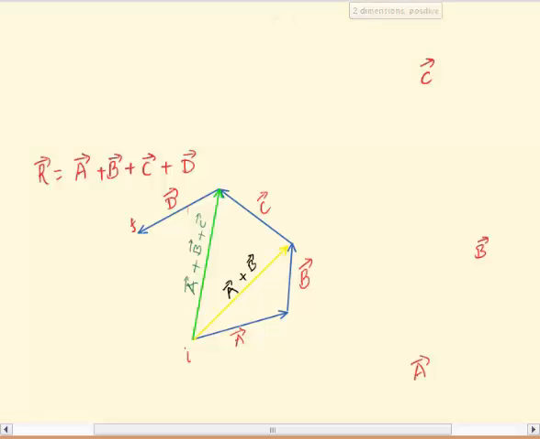So a vector representing initial to final point will represent R vector.